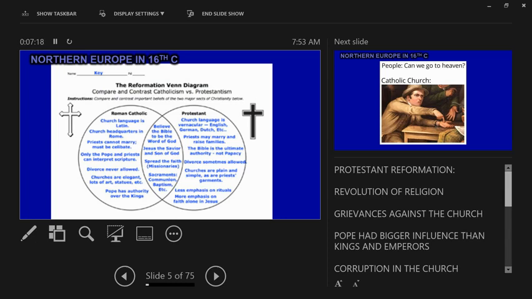Roman Catholics, churches are elegant, lots of art and statues. This is a big thing. With the Protestants, churches are plain and simple, as are priests' garments. We're going to go back to that idea of iconoclasm, and we'll get into that in a second. And then finally, the Pope has the authority over kings with the Roman Catholic. I want to go back to the elegance of the Roman Catholic churches.